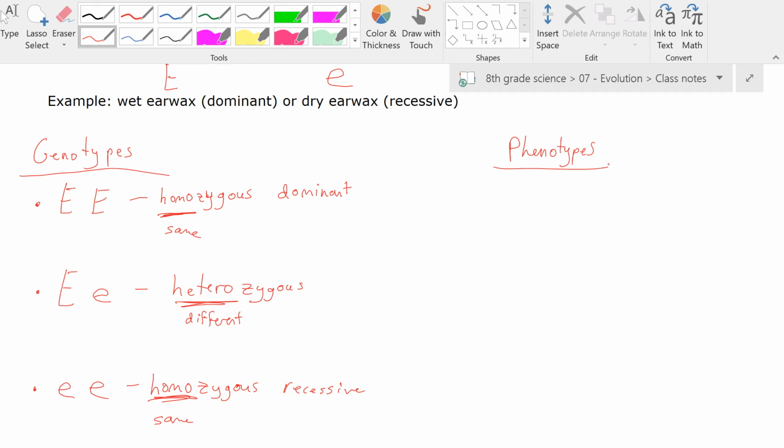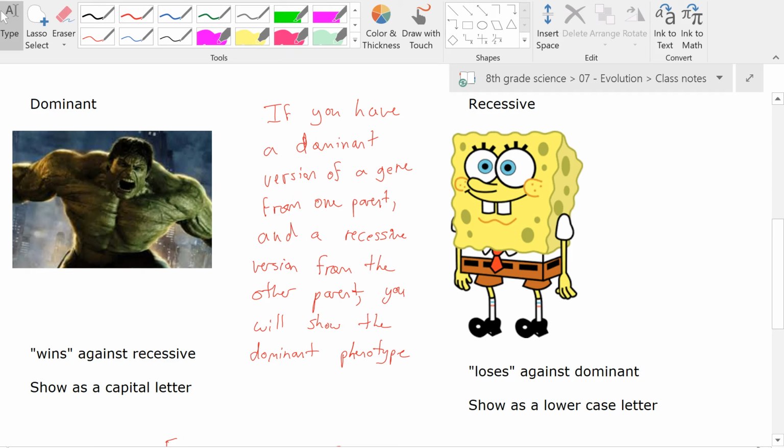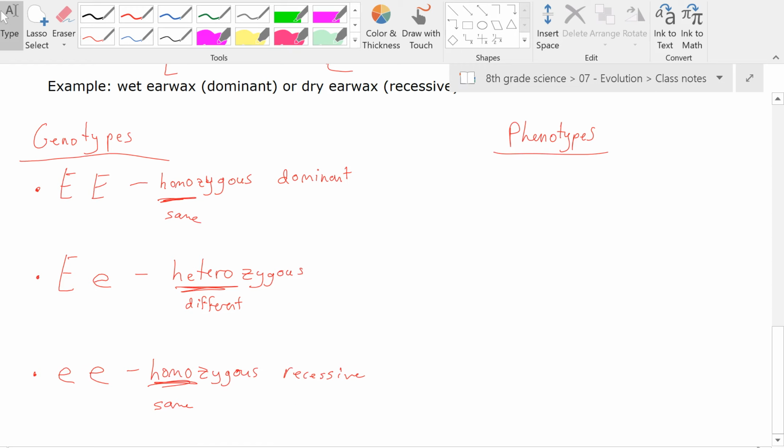Now with wet earwax being dominant, the dominant version of that trait is the one that we show if we have one or two copies of the dominant gene, of the dominant allele. So in both of the top ones, we have at least one copy of that. So in this one here, we have a big letter and a little letter, but the big one wins. So we show the dominant trait on that one.